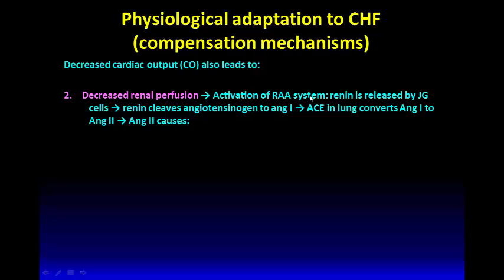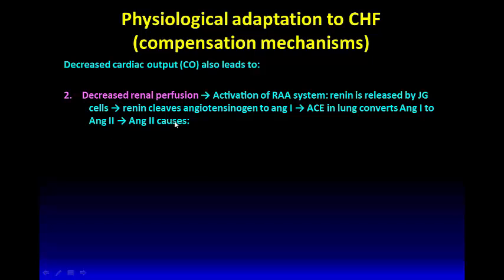So renin is released by the juxtaglomerular cells and cleaves angiotensinogen to angiotensin 1. Then angiotensin 1 is converted to angiotensin 2 when blood flows through the pulmonary circulation by an enzyme known as angiotensin converting enzyme.